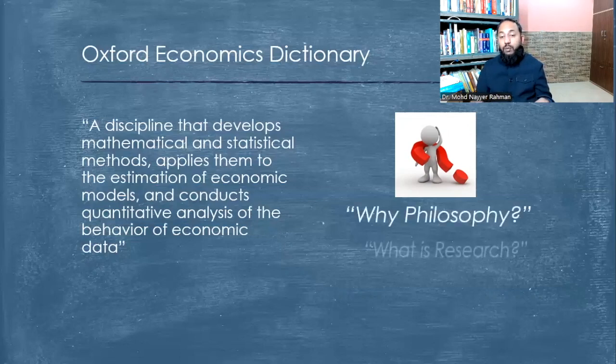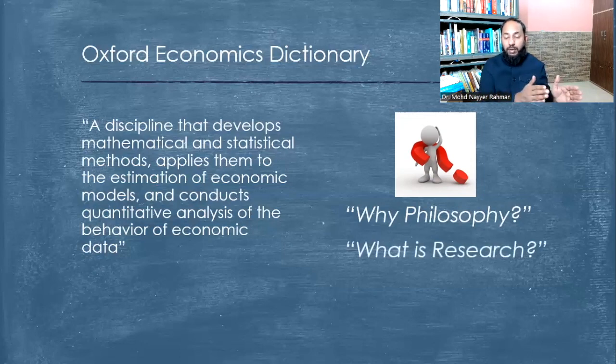Why is philosophy, and why is research, related to econometrics? The first important thing is that econometrics tries to solve a philosophical problem of cause and effect, which we are going to deal with in detail in the second section, but a glimpse of that we are going to see in this discussion only. Another important thing is research.